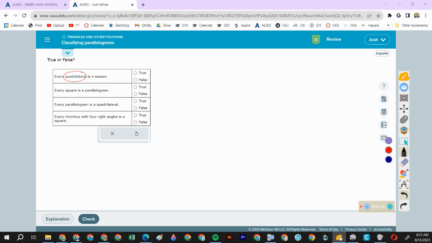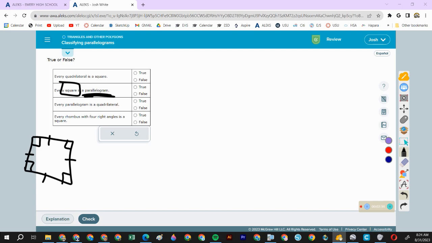Okay. What does it mean to be a square? 4 right angles and 4 equal sides. So if I draw a shape and it has 4 equal sides and 4 right angles, is that shape a parallelogram? What does it mean to be a parallelogram? Top and bottom are parallel, left and right are parallel. So does every square fit the definition of a parallelogram?